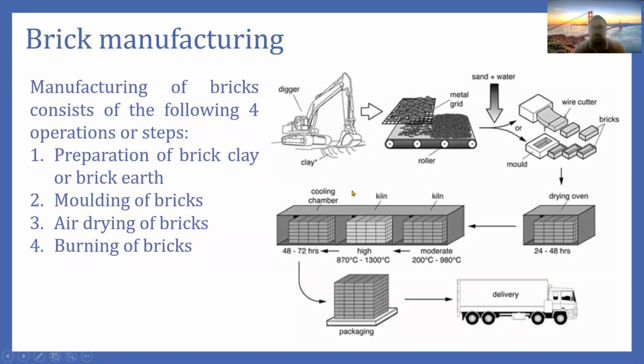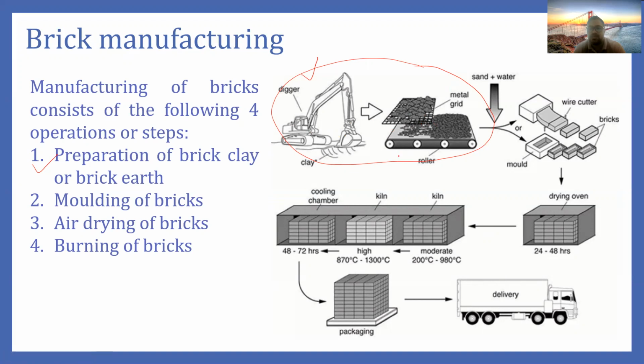I will be showing you these four processes with this chart. Here you can see the chart. If we talk about the first step, in which we prepare the brick clay or brick earth, we first excavate the soil, and this excavated soil is then laid down on a flat surface and cleaned of impurities.